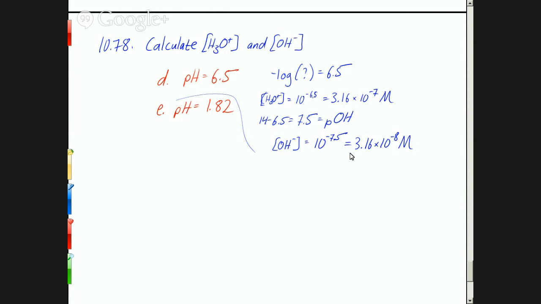Mm-hmm. There, here's that one. Right here. 10 to the minus 6.5. And there's 3.16 times 10 to the negative 7. Does that make sense? Do you see that?